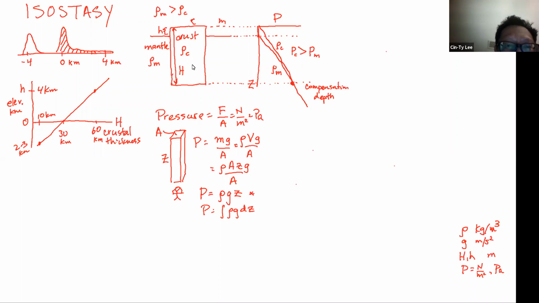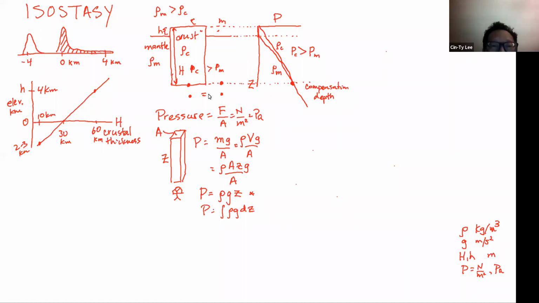That is to say, if I'm comparing here and here, right? Pressure here and pressure here is greater. Same thing here and here. Okay? But once I get to the compensation depth, the pressures are equal. So right here and right here, and right here and right here. So below the compensation depth as well, the pressures are equal.